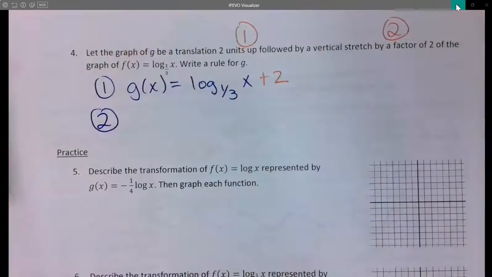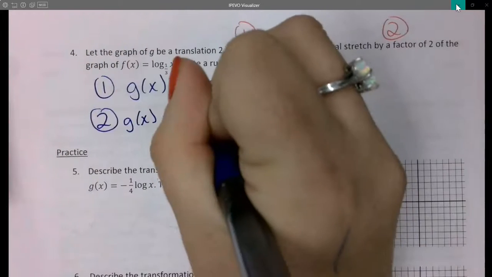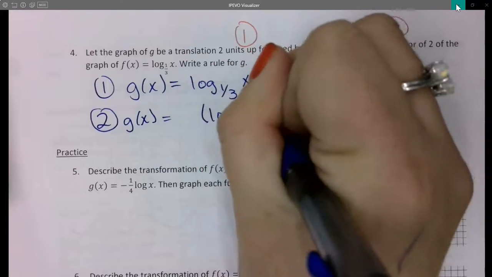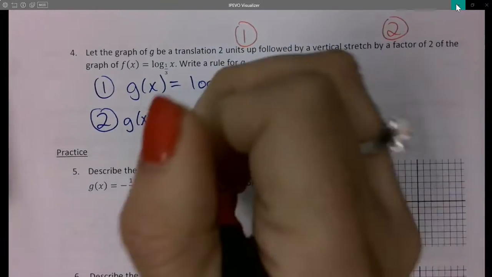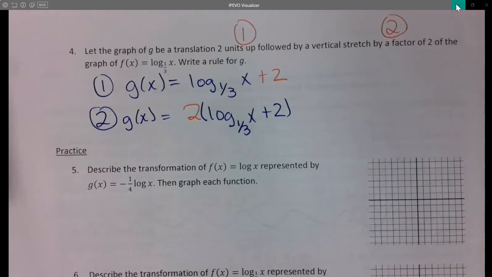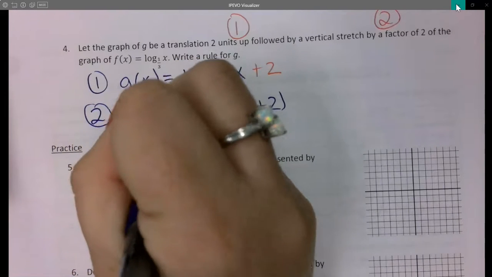Then my second step is a vertical stretch of a factor of 2. So what I'm going to do is I'm going to take my whole original equation and just multiply by 2. And then I want to actually go ahead and distribute that too.